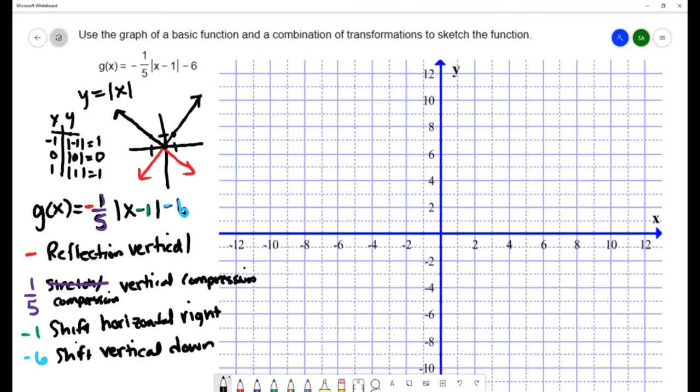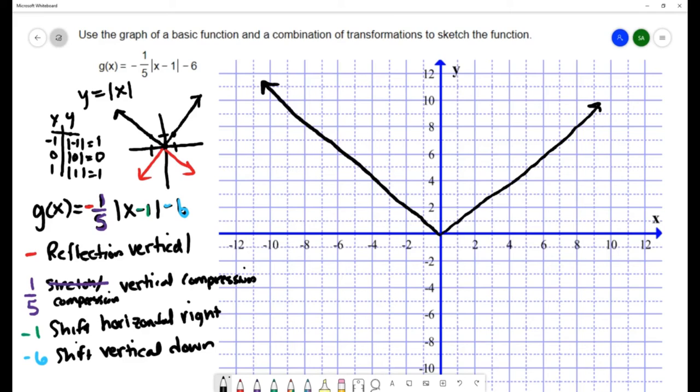So there's lots of different ways that I could go about drawing this graph. I'm going to start with our basic graph, which I've already graphed in black. So this is what our starting graph looks like. And then I'm going to go in order.